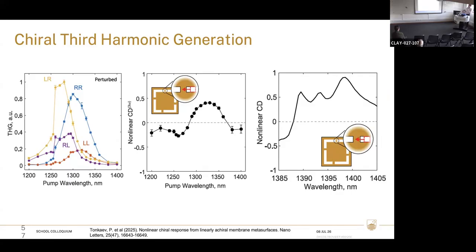So the cross-polarized component is still quite strong, but because of the broken symmetry, we can achieve the copolarized component here, and because of this copolarized component, we can effectively switch the nonlinear CD from negative to positive, which again has a quite good match with theoretical prediction here.